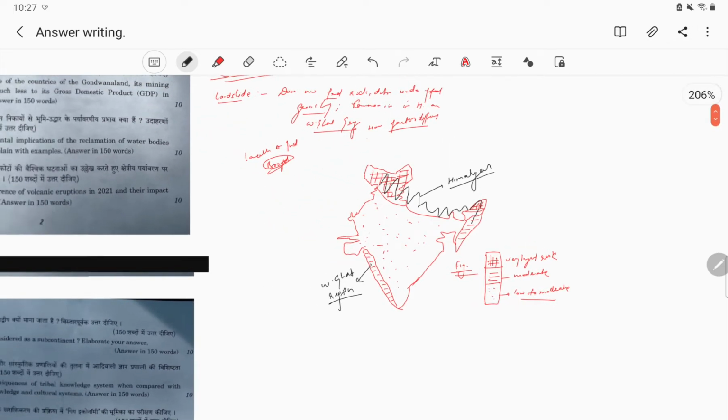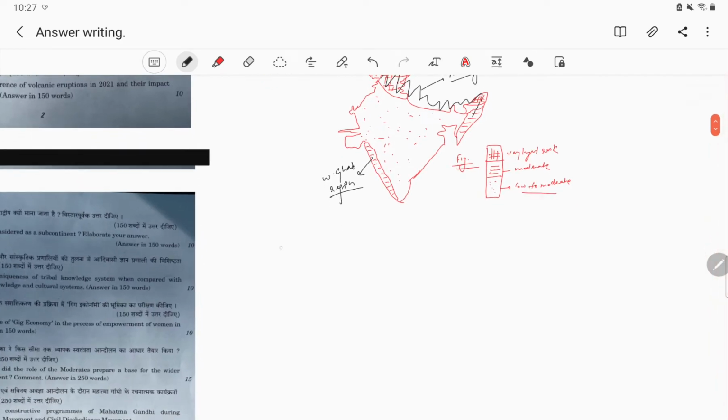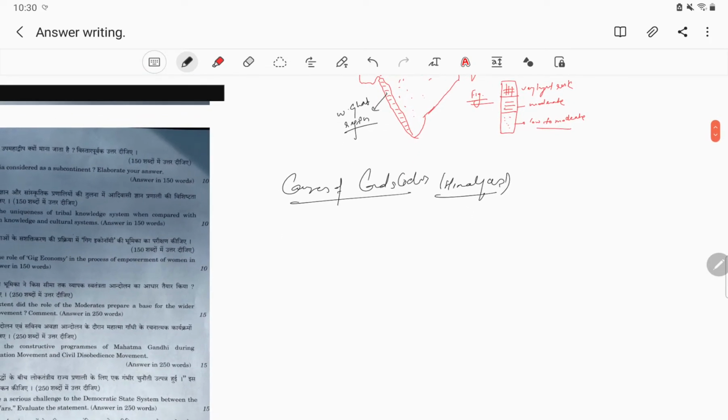After writing down that much, come directly to the causes. Causes of landslides. Firstly, you write down on Himalayas, and after that on Western Ghat. Now after coming here, if there is a question on geography, you should broadly focus on two factors, physical plus human.